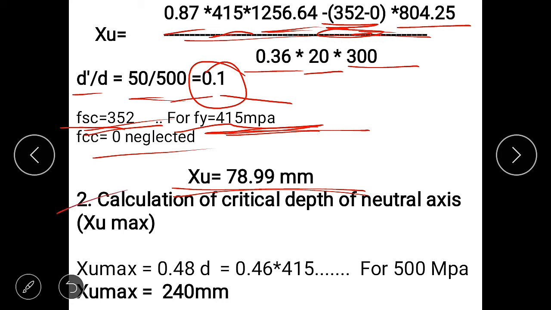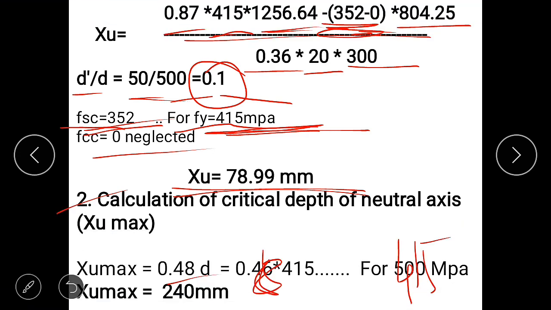Second, we have to calculate the critical depth of neutral axis. It is called XU max. So in the second step, we have to calculate XU max. For Fe415, the formula is 0.48 into d.